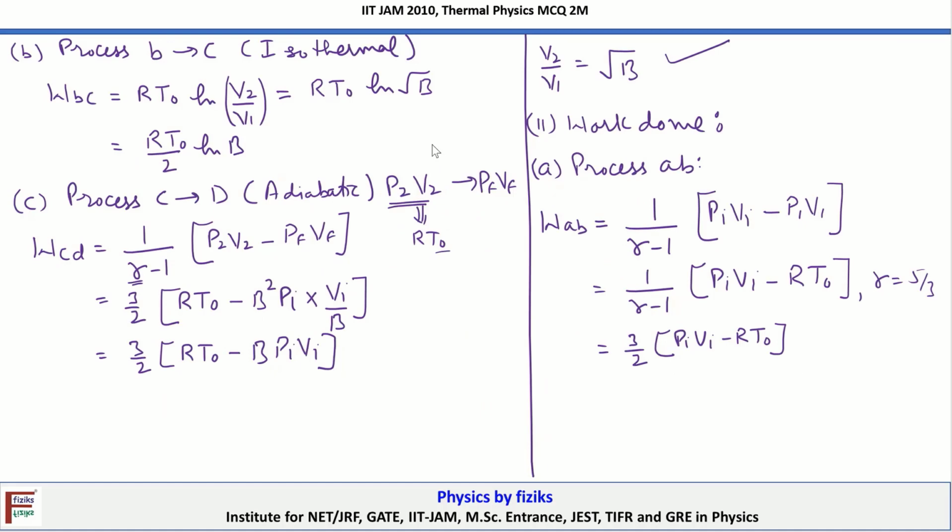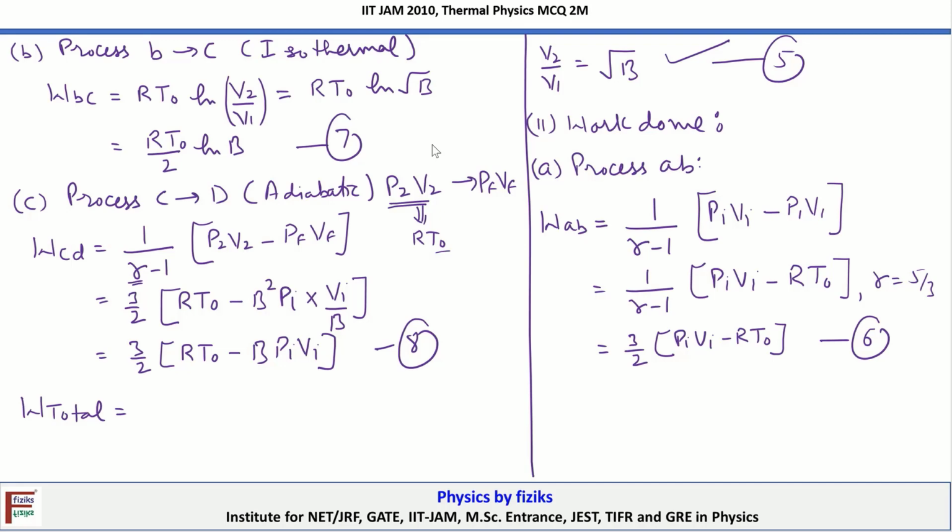Let me check the equation numbers I have given, up to 4. Let me call this equation 5, and the work done during this process, let me call this equation 6, this 7, and this 8. Because we have to evaluate the total work done, W total during the entire process will be given by the sum of equations 6, 7 and 8.